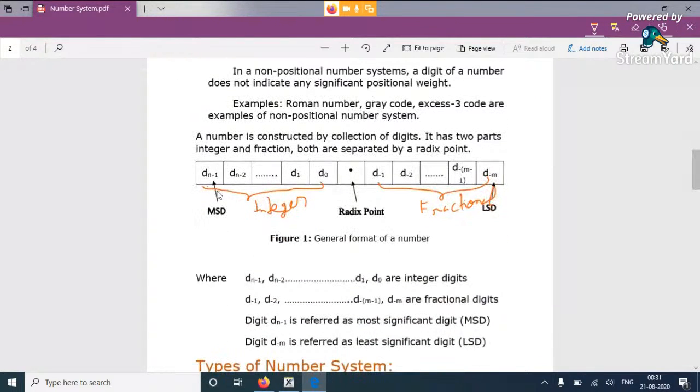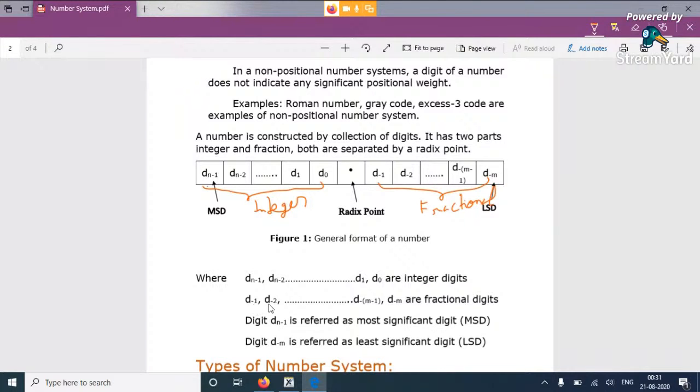If you see the leftmost digit, d n minus 1, this one is called MSD, meaning most significant digit. And the rightmost digit, d minus m, is called LSD, that means least significant digit. Here d n minus 1, d n minus 2, up to d1, d0 are all known as the integer digits in this format.